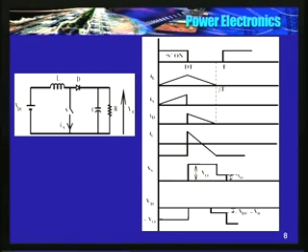Diode turns off, no current is flowing through the diode now. No current in this circuit also. So voltage at this point is VDC. Voltage at this point also VDC. No voltage drop across the inductor because no current is flowing. So VDC appears across S now.